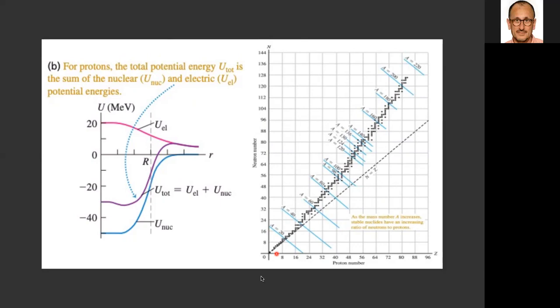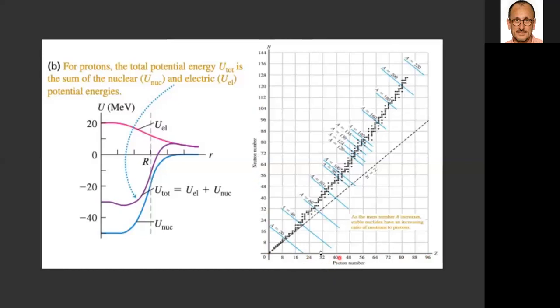Okay. Let's see if we can put some numbers here. This at the bottom is the Z of a particular nucleus, and this is the number of neutrons, N, of a nucleus. You can see this line here.